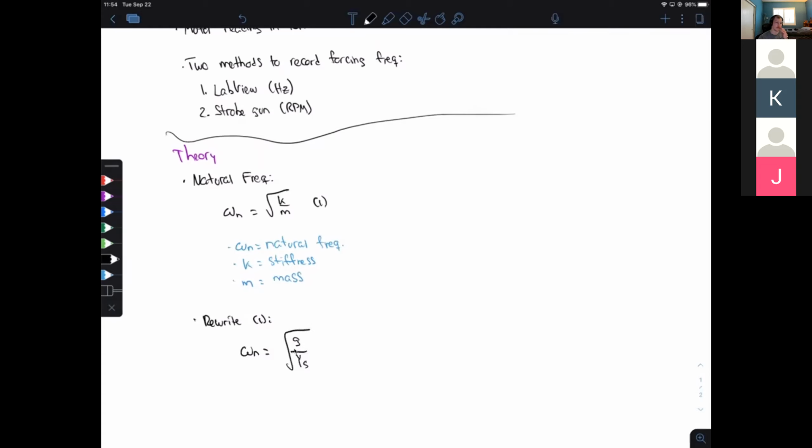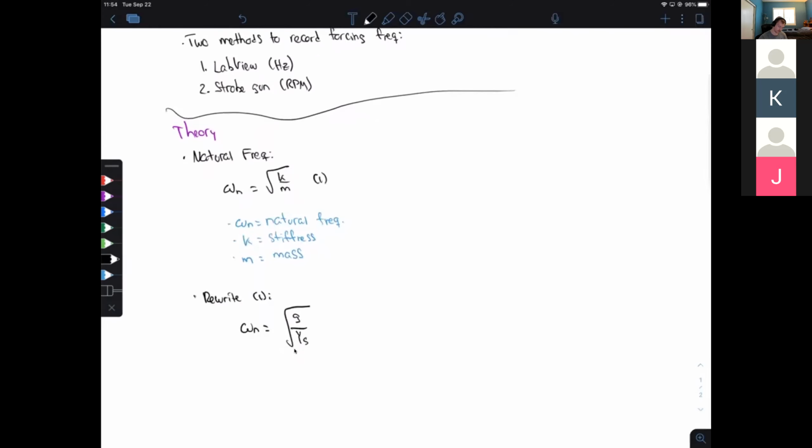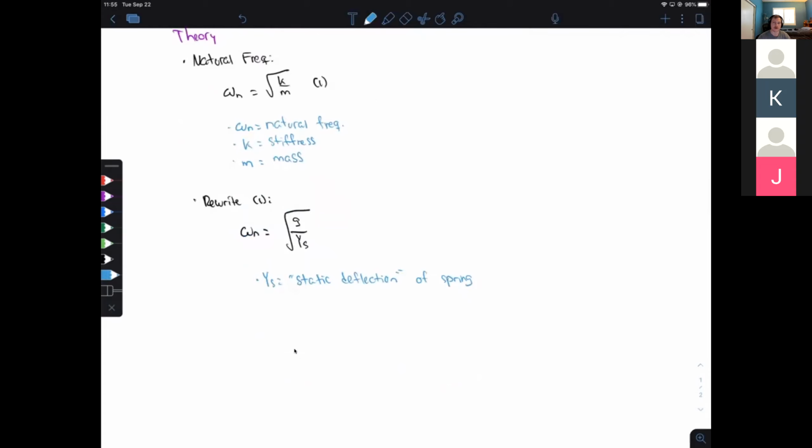So y sub s is the static deflection of our spring, the spring that's representing the stiffness of our system. Also, I uploaded the lab handout online earlier in the week, so pretty much everything we're going over now is on the lab handout.